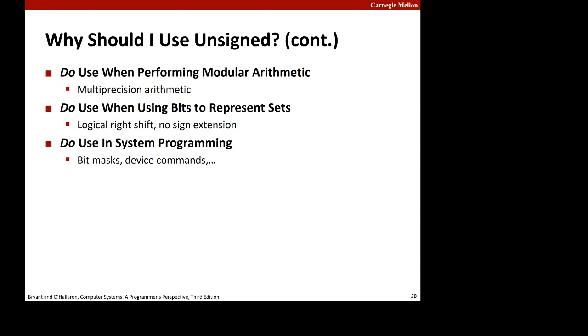So other uses of unsigned, as I mentioned, if you really, really want to be careful, the good news about unsigned is it does have a complete specification of what to do even in overflow cases. And often modular arithmetic is actually fairly useful if you want to do multi-precision arithmetic. You saw when you were doing set operations, it's natural just to think of the bits as bit flags and no negative numbers involved.